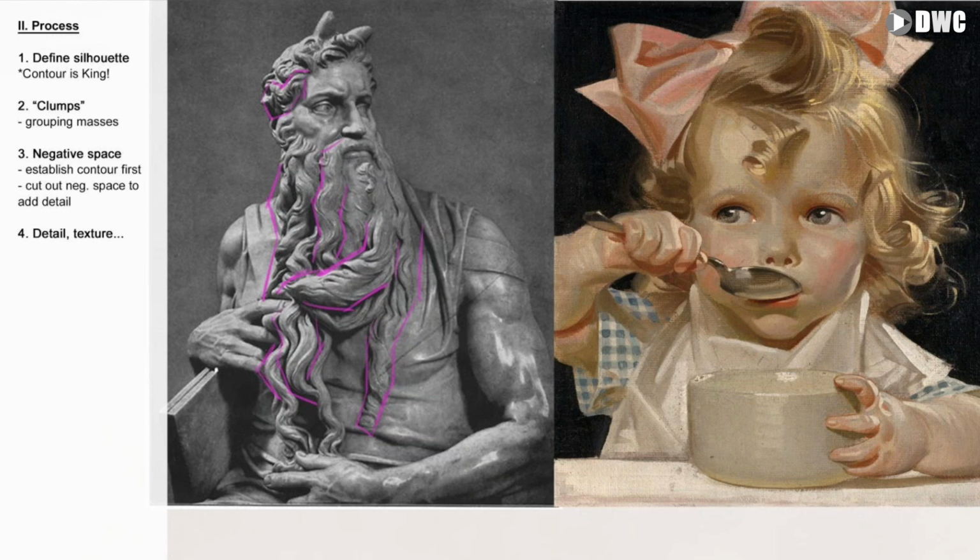This is by Leyendecker on the right. You can see the little girl. Yes, there are nice strands, but again, that came at the end. So he nailed the outer shape, right? Like we saw in his previous example, he is hyper focused on the outer shape, the contour, the silhouette, but then there's individual clumps, right?